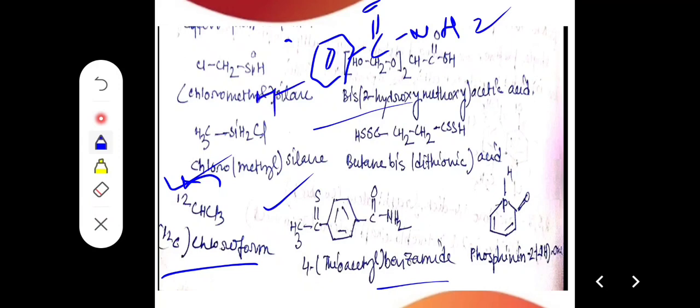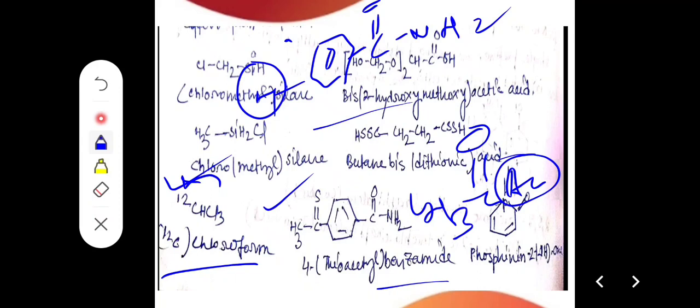There should be the hydrogen, and this hydrogen is replaced by a C double bond S CH3 group, and this C double bond S and CH3 group is nothing but a thioacetyl, because as we know, the CH3 C double bond O group is termed as acetyl. This is termed as acetyl, and as this oxygen is replaced by sulfur, we can term it as thioacetyl, and that should be present at the 4 position. How can we derive?